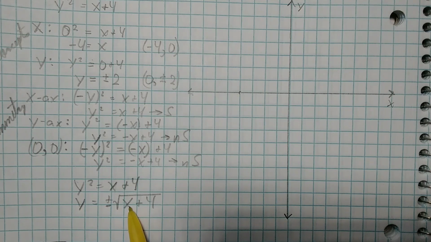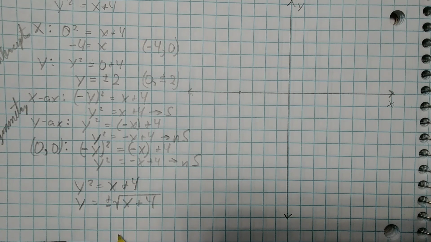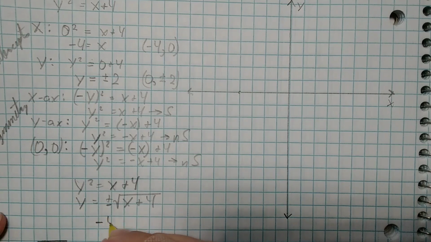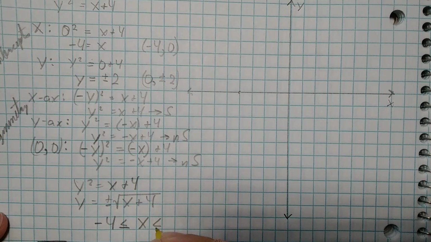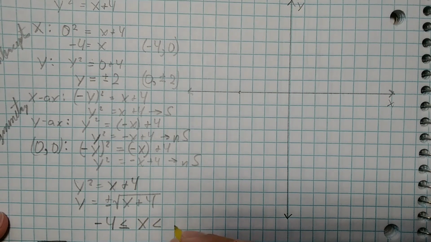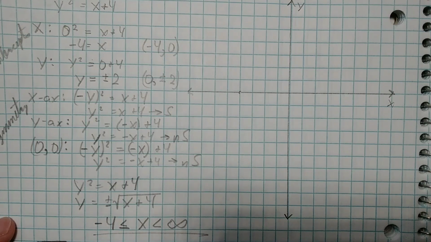So if we put in a negative 4, we get 0. That would work, but a negative 5 would not work. So x can be equal to negative 4, but not below it. So x must be greater than or equal to negative 4, and it goes all the way to infinity. And that would be our domain right there.